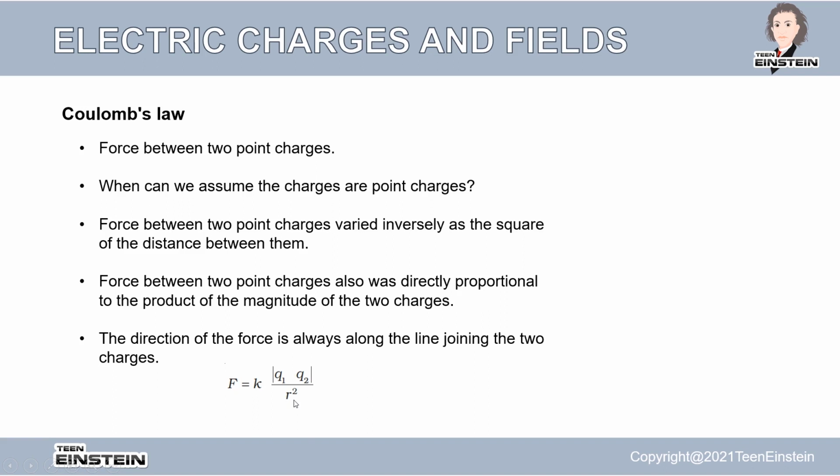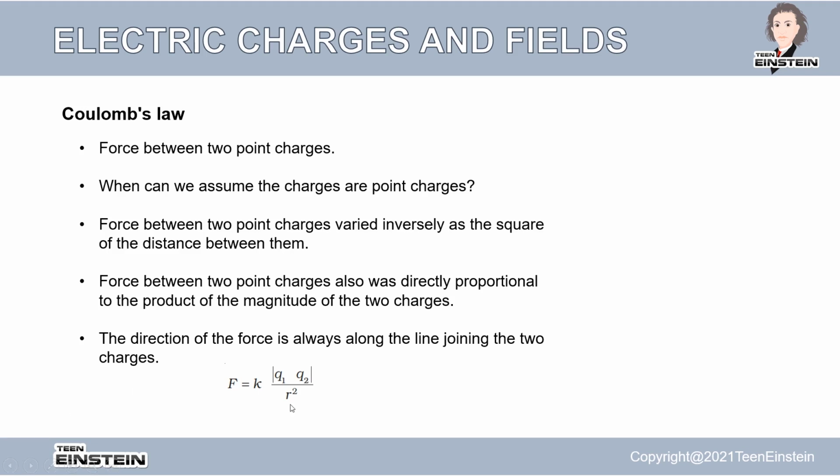What about the direction? We know that force is a vector quantity, so it has to have a direction. The direction of the force between two charges will always be along the line joining the two charges, and whether it is towards the right or towards the left will be decided by whether the charges are positive or negative.